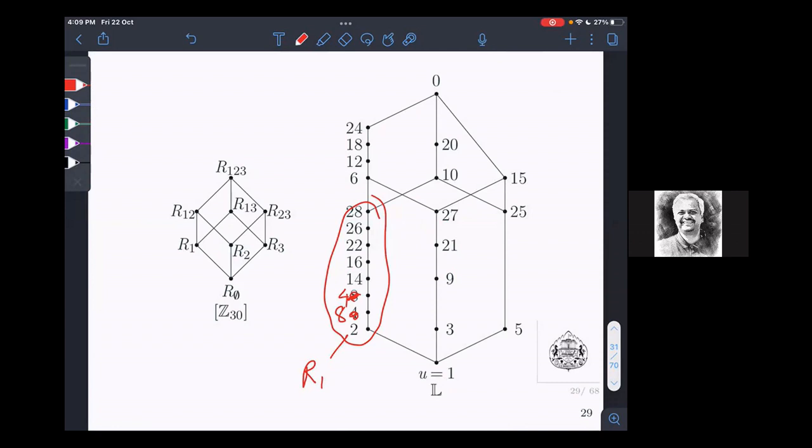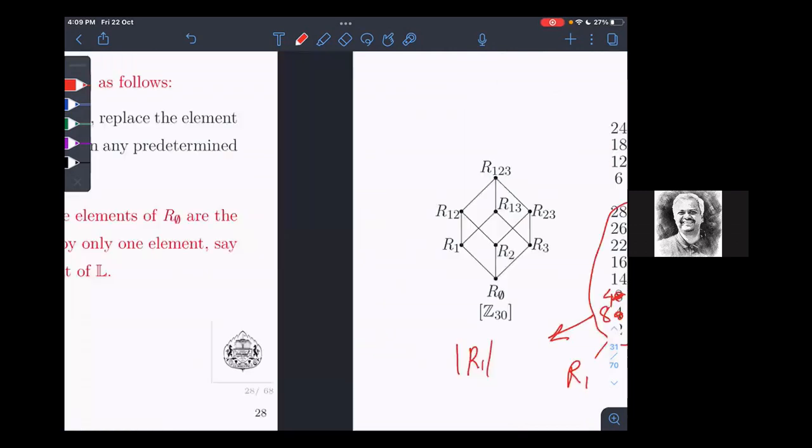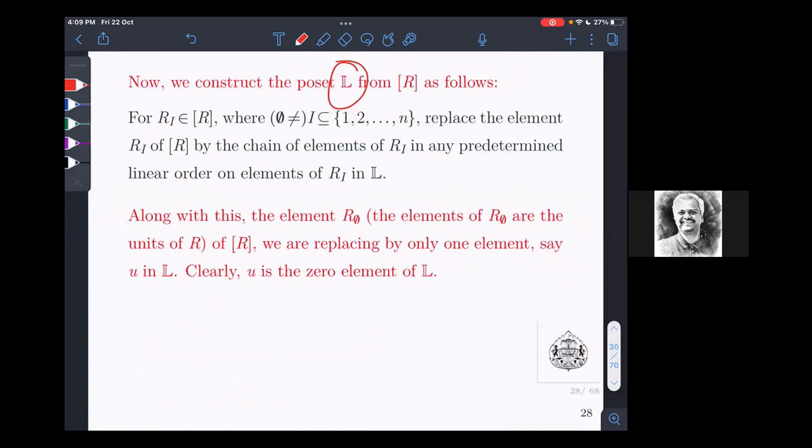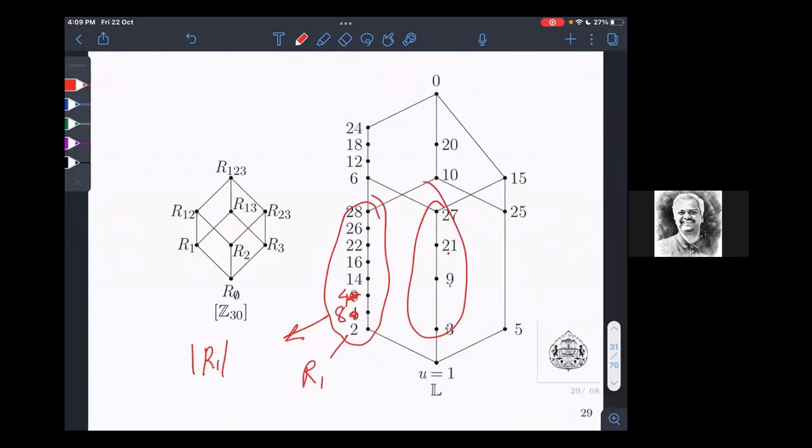The cardinality of R1. Same story here also. Again, I'm replacing R2 by these many elements. You can see that in R2, 4 elements are here: 3, 9, 21, 27.